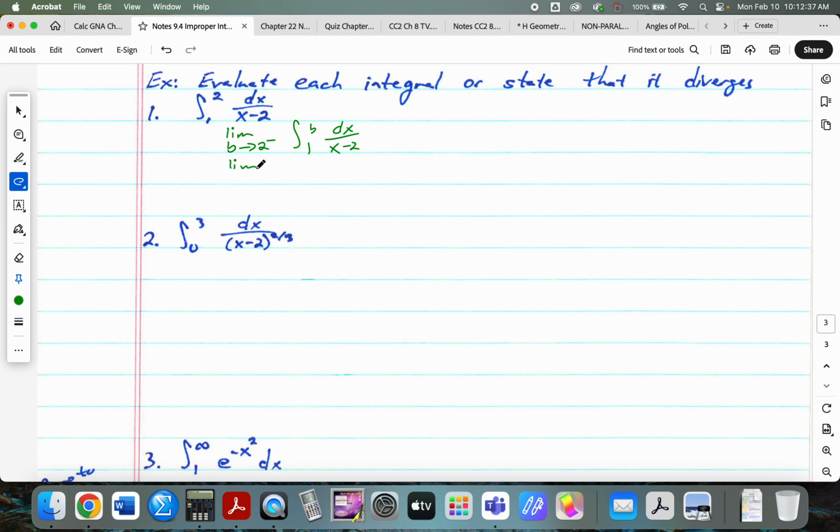So that's going to be the limit as b goes to 2 from the left of the natural log of the absolute value of x minus 2, evaluated from 1 to b.